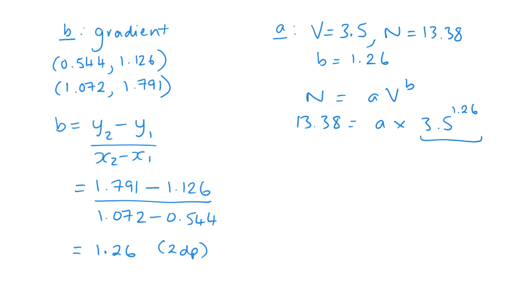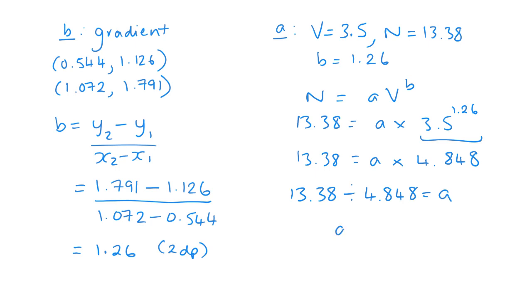So you do that on your calculator, and we get that is 4.848. So we're going to take that across and divide by 4.848 to give us A. So A works out to be 2.76 again to 2 decimal places.